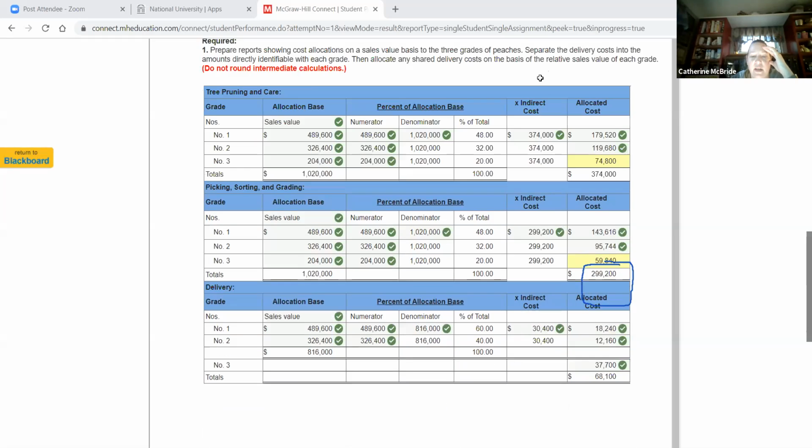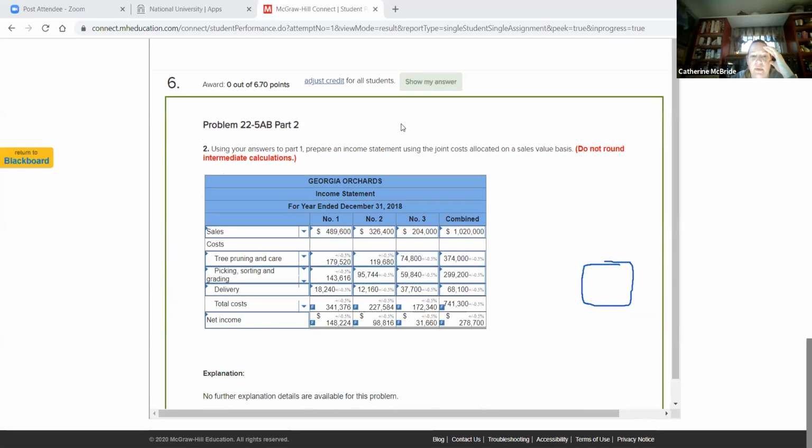So when we go down here, those are the costs that go into picking and sorting. And then same with delivery. You'll recognize those like 37,700. You put your totals over here. This way you can find a total for the net income for each part of the business.